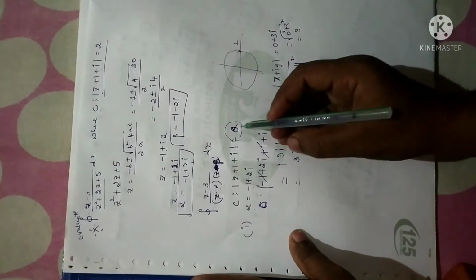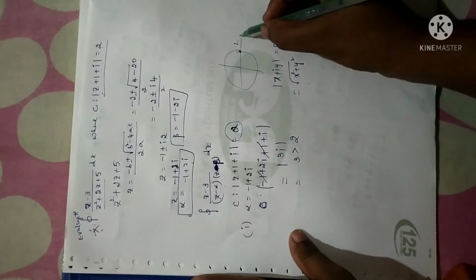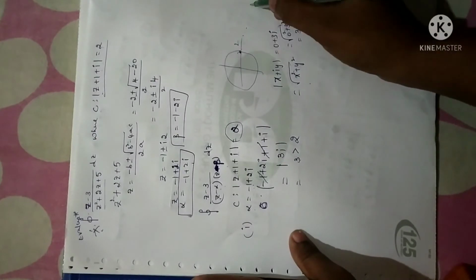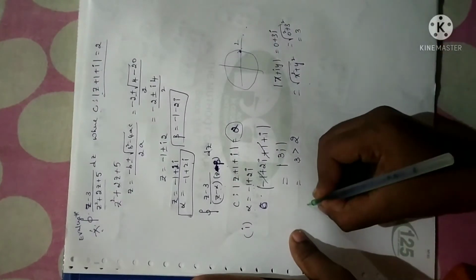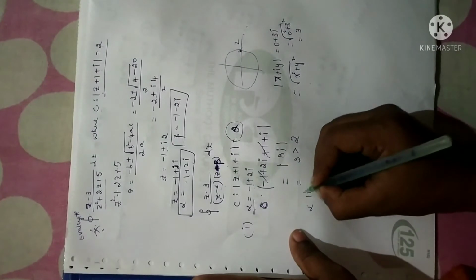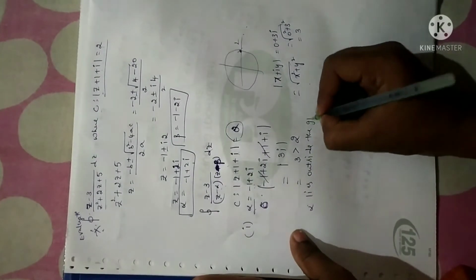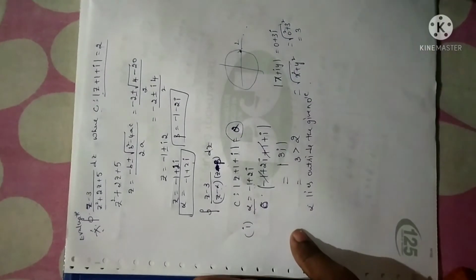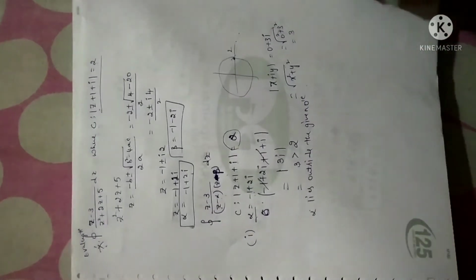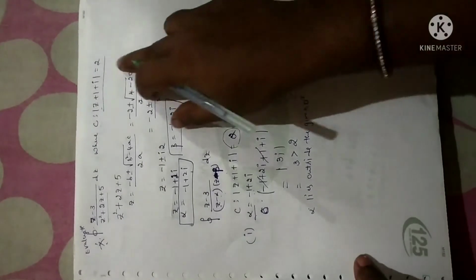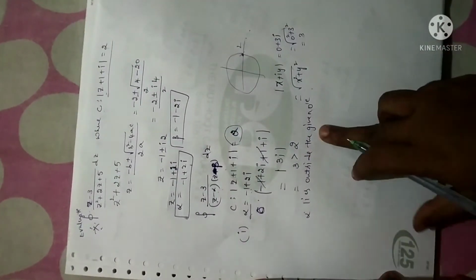So 3 is greater than 2, in the sense 3 lies outside the circle, right? So I can clearly write that alpha lies outside the given curve or given circle. Fine. Why? Because the obtained value is greater than the given radius, which is 2. So alpha lies outside the circle.